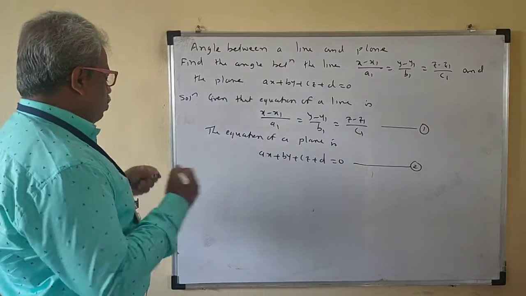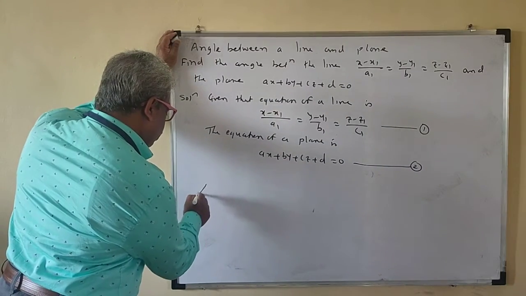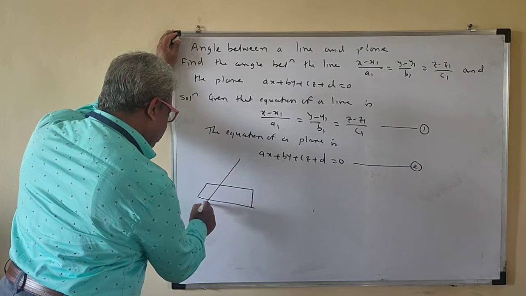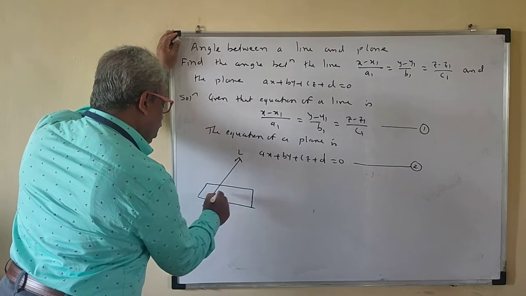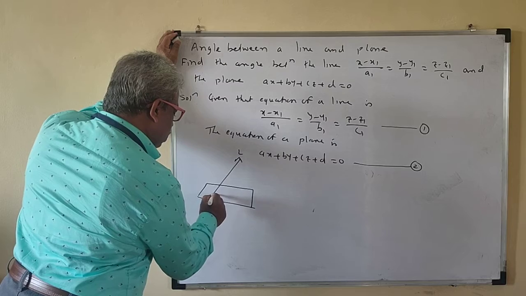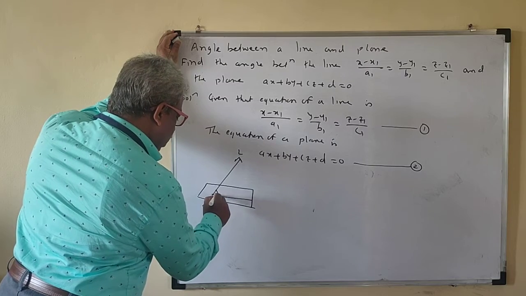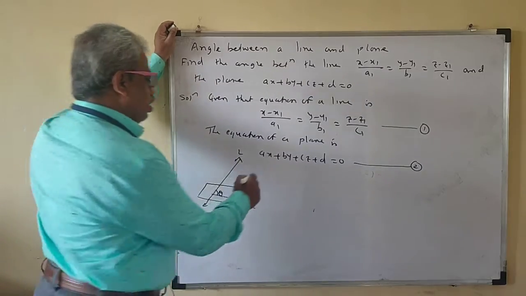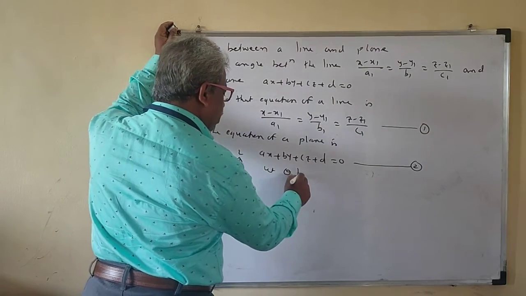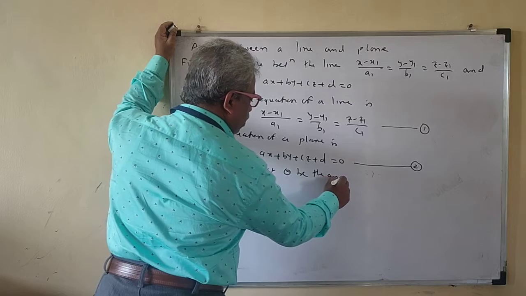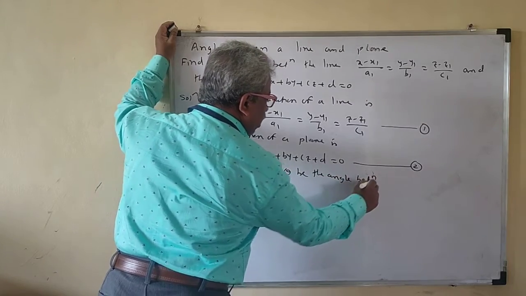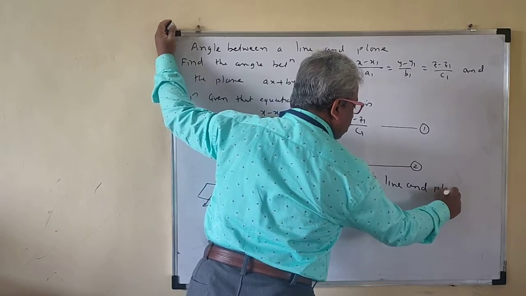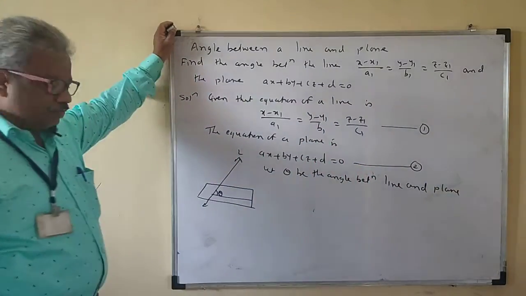So this is a plane, and this is a line. Suppose this is the angle theta, the angle between the line and the plane. So let theta be the angle between the line and the plane.